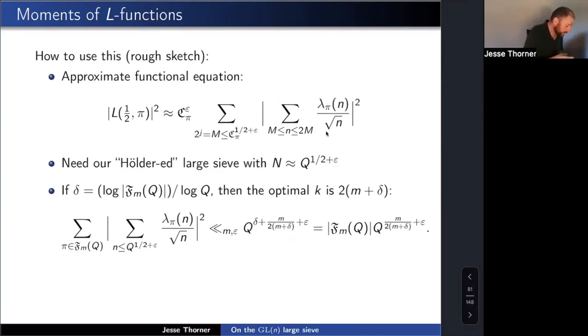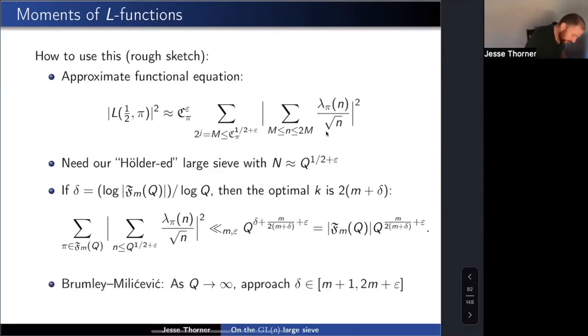All right. So I'm being a little cavalier with some of the analysis here because I need to be careful about my application of dyadic summation here. But again, as q is approaching infinity, delta is settling somewhere between m plus 1 and 2m.